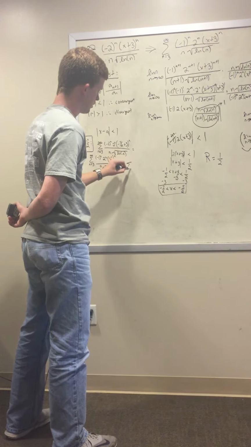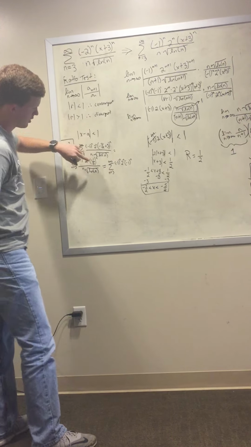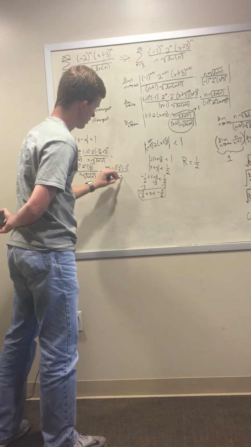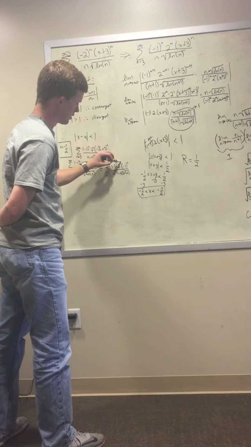(-1)^n, 2^n, another (-1)^n, and we carry this n through to both of these, both numerator and denominator. The 2^n will follow the bottom. Those will cancel.